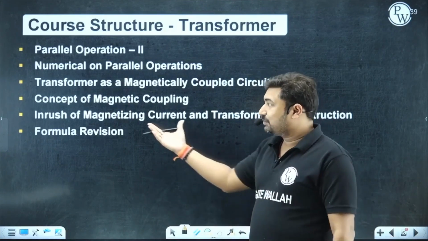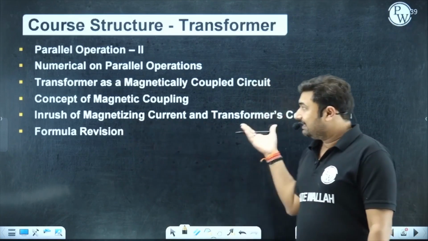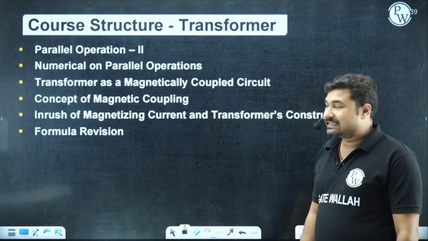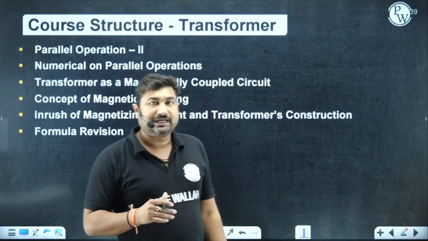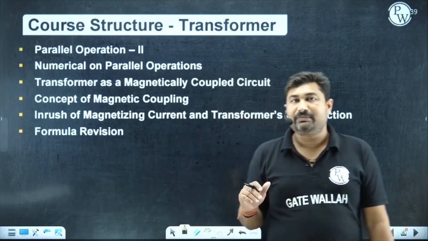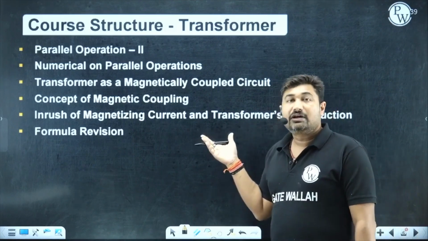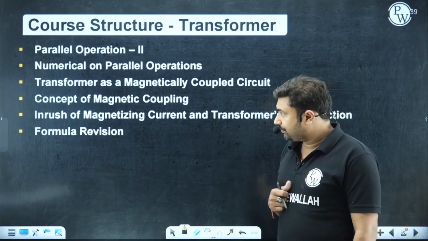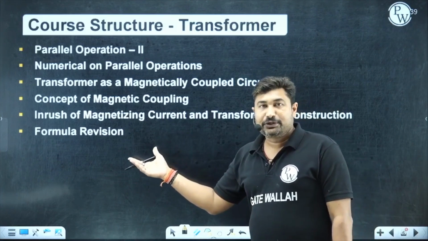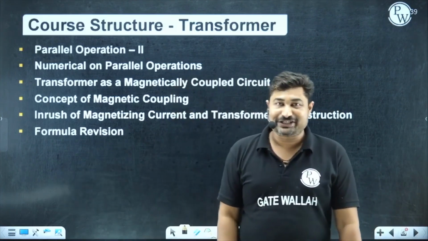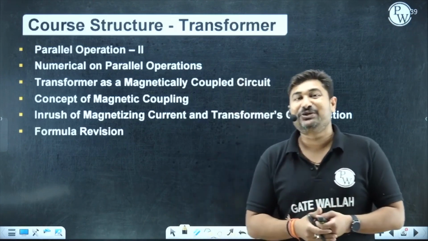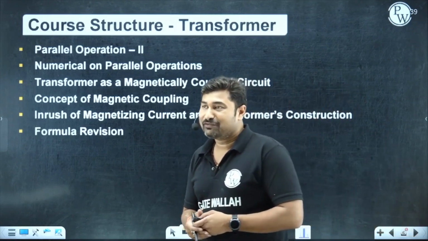That concept is going to be covered in great detail in the part on inrush of magnetizing current. And a little bit about transformer construction. It is not properly mentioned in the syllabus, but sometimes it will be helpful for different public sector exams. And at last, I am also going to give you short notes in the format of formula revision. This part is going to help you solve numericals.